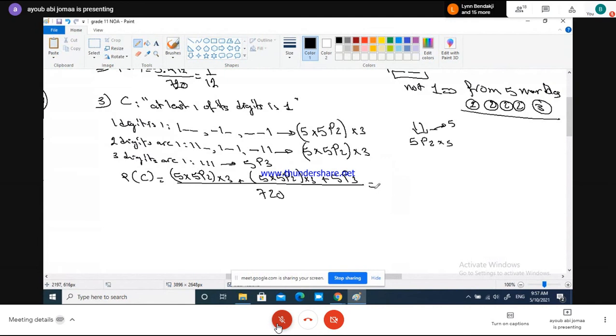And let's find the answer. 5p2 times 15 times 30, plus 5p3, 660 over 720, اللي هي 11 over 12.